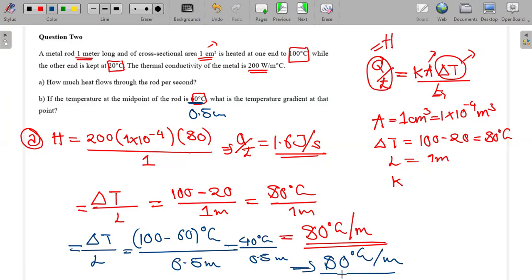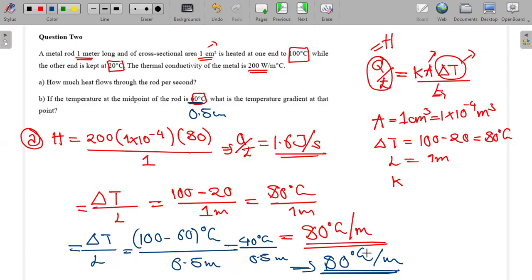per meter. So that is that, ladies and gentlemen, when it comes to calculating heat flow through the rod, but also the temperature gradient. One thing you're supposed to remember is that temperature gradient represents the rate of change of temperature with respect to distance along this particular rod that we've been given here. Very important.